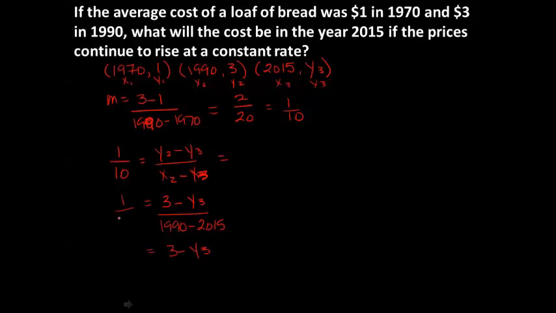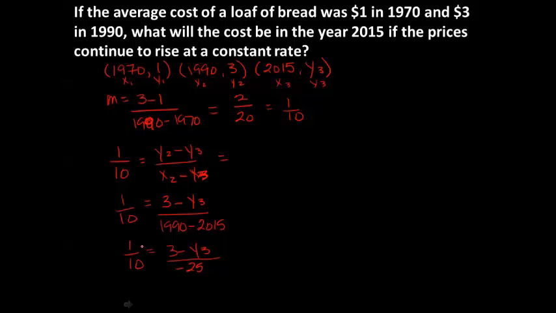Let me bring down this 1/10 because we're going to need it here in a minute. And then 1990 minus 2015, I'm going to have to just put that in my calculator. My brain is not working all of a sudden. 2015 minus 1990, so that's going to be a negative 25.